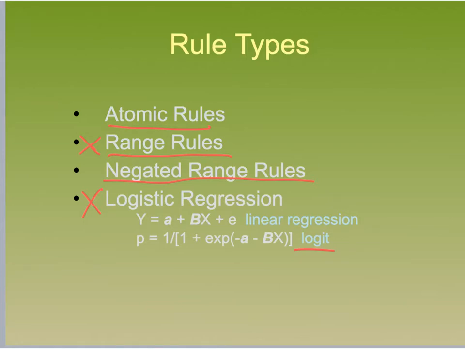And the logistic regression rules are the application of the logistic function where we solve for p, where we have a distribution of 0 or 1, and the covariates are fit with coefficients. Where this is different, of course, is that the way this is populated is by randomly grabbing covariates and trying to fit them. So it's a little bit different than a classic GLM that you see for other species distribution models. But logistic and range rules are widely used rules across GARP experiments.